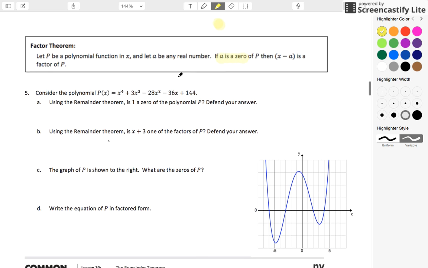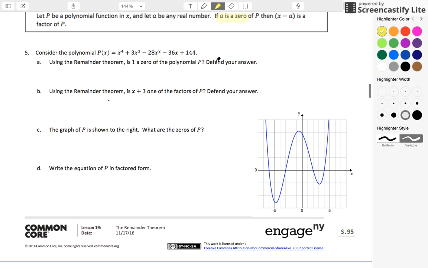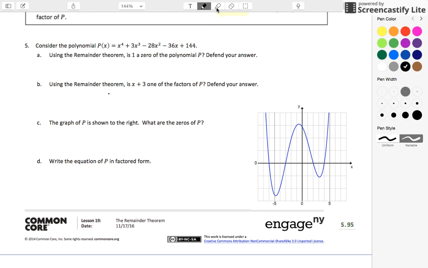We're going to use this information to help us answer question 5. We didn't get to this question in our class period, so we're going to take the time to do that now.